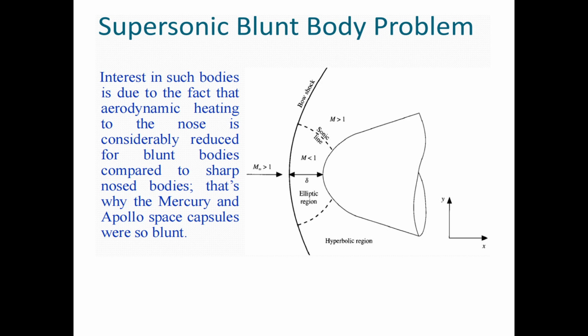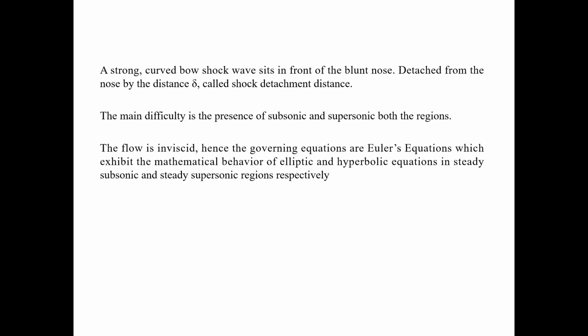The mathematical model will behave as an elliptic equation inside the subsonic region. After the sonic line, it will behave as a hyperbolic region. That is the main problem in doing the analysis.